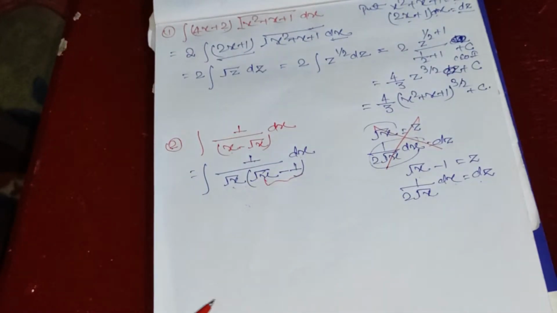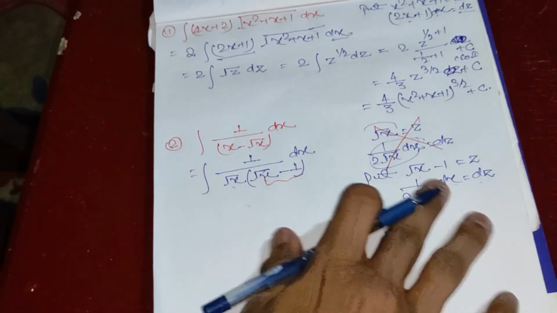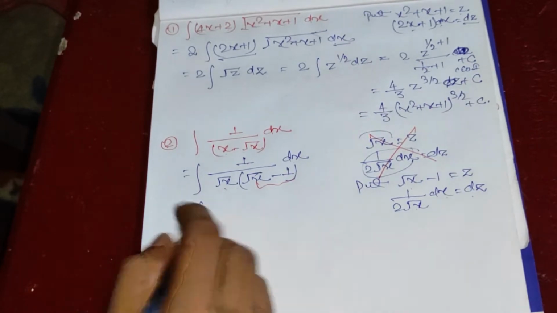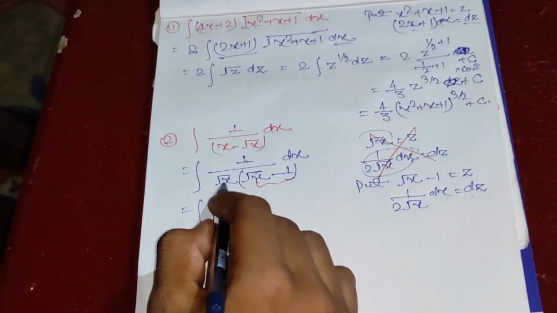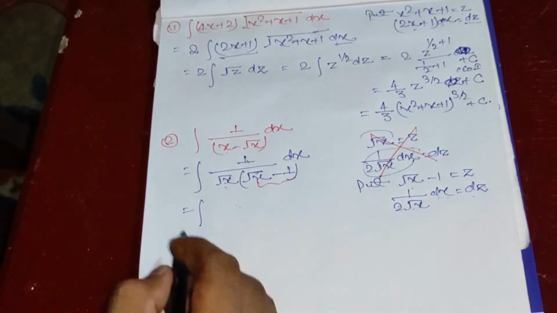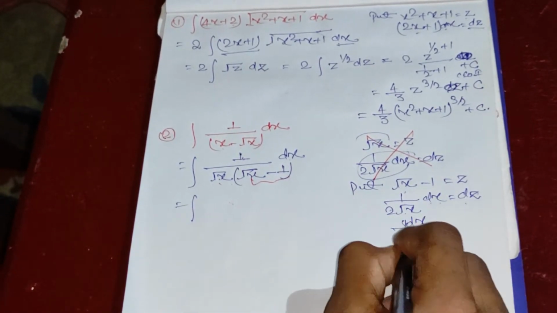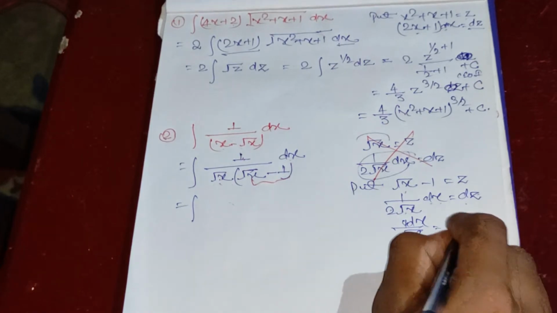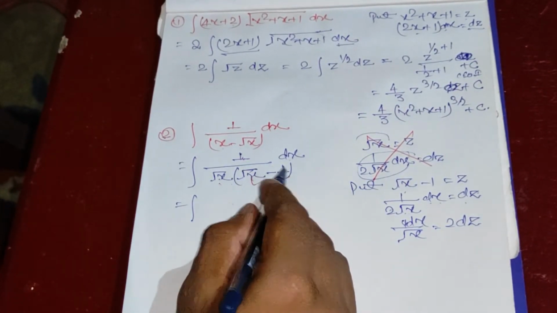So this type of smart work we have to do while solving integration problems. So we will put this term, and we will have this. Now in the integration, 1 by square root of x dx, the 2 goes to the right hand side. So it becomes dx upon square root of x equals 2 times dz.